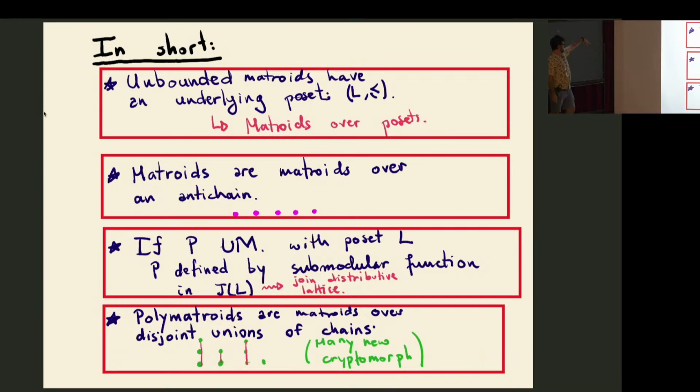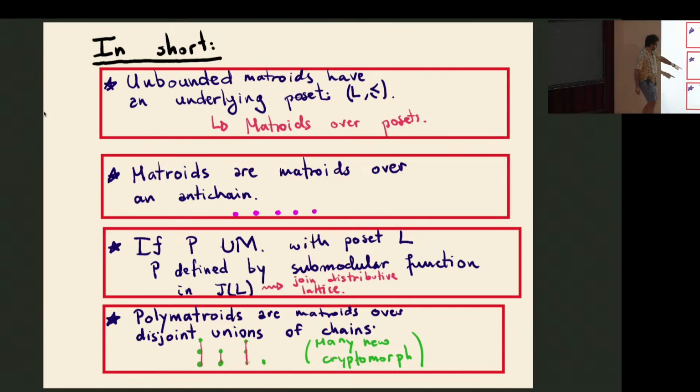If P is an unbounded matroid, you can think of this polyhedron as being defined, for example, by a submodular function on something called the join-distributive lattice. I guess it's a bit related to what Peter was saying in the previous talk. There's a very nice notion of submodular functions on a distributive lattice. If you know what polymatroids are, one of the cool things is that you get a new cryptomorphism for polymatroids by choosing the correct poset.